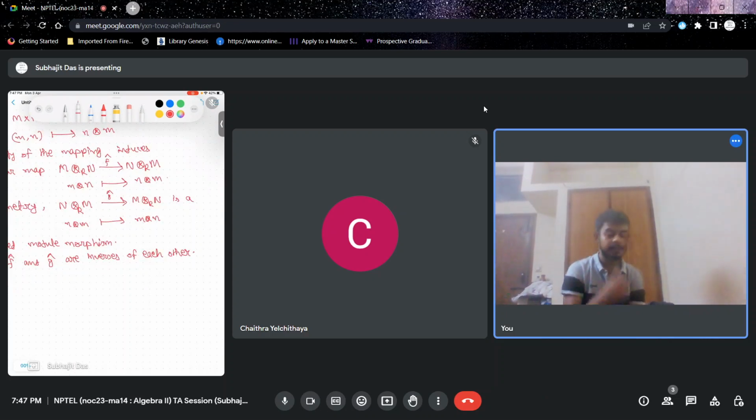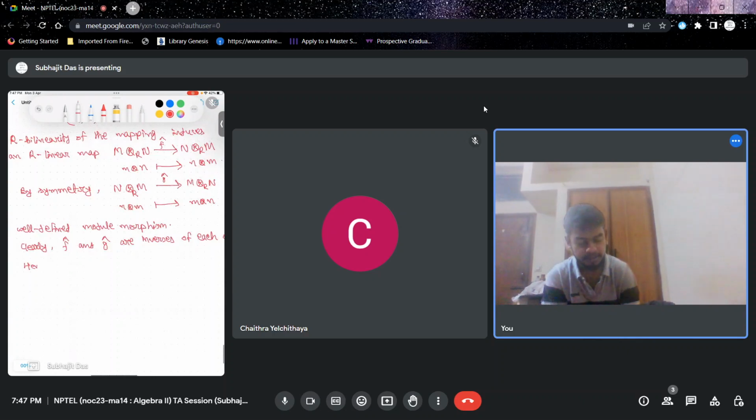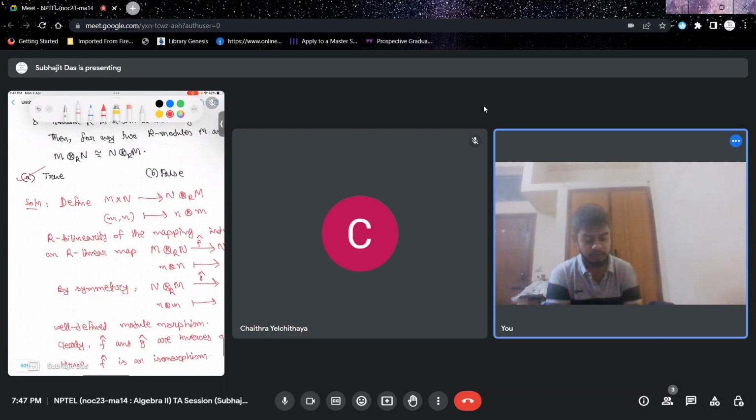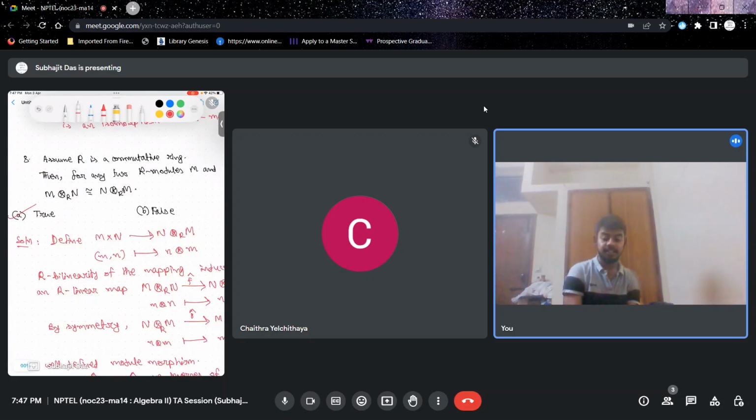Hence F hat is an isomorphism. So this is indeed correct. This question is indeed correct.